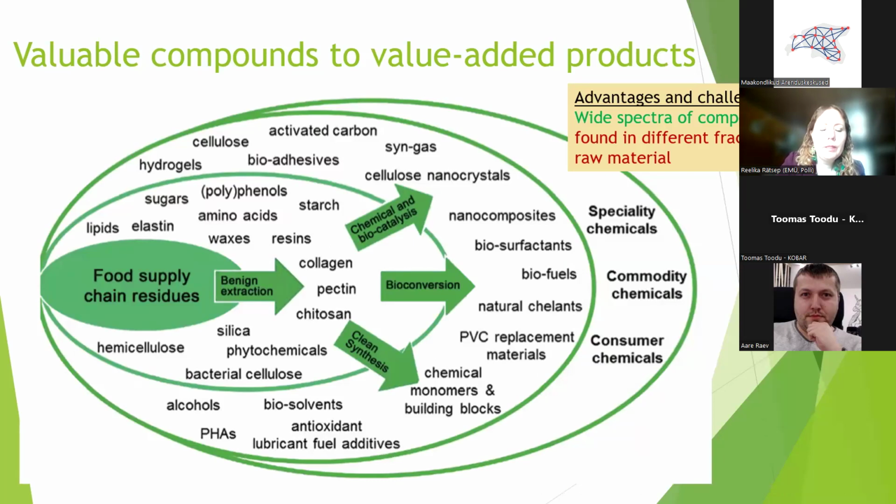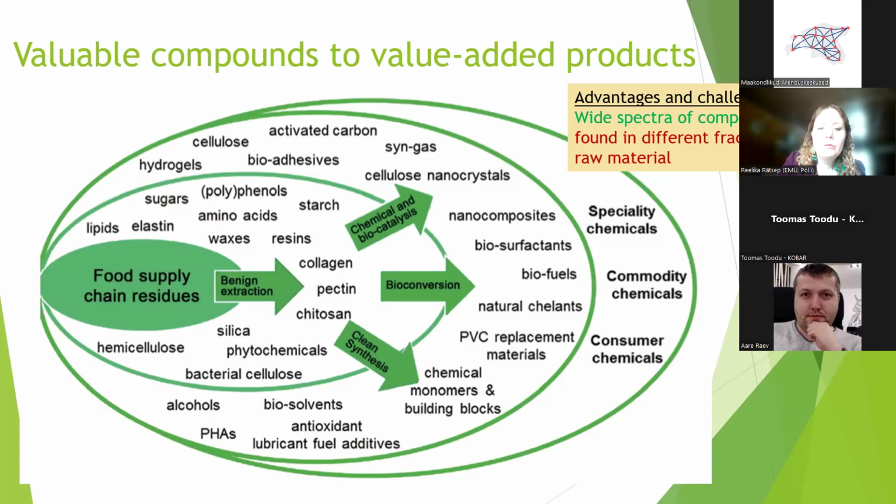We can see how many different compounds with different characteristics we can extract from different materials. And we can use different technologies to treat the material to get the other inputs to the final product development.